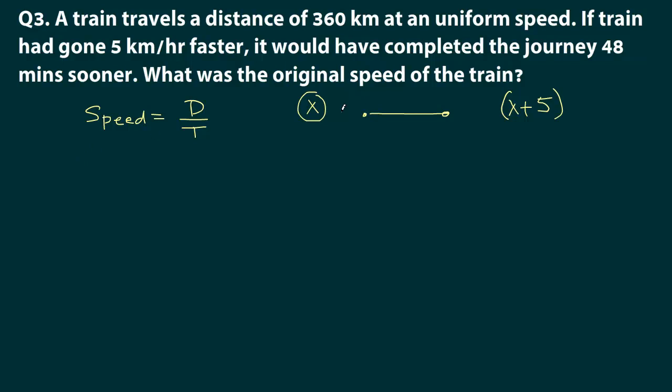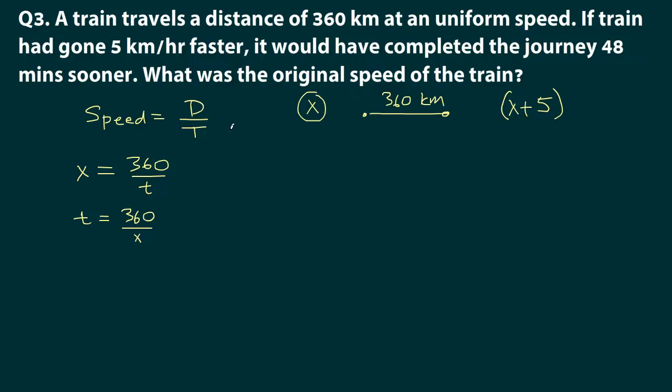The distance is given, which is 360 kilometers. So if the original speed was x, then x is equal to 360 divided by the time taken initially, which we don't know. Let's say the time was t. So t is equal to 360 divided by x. This is the time taken originally.